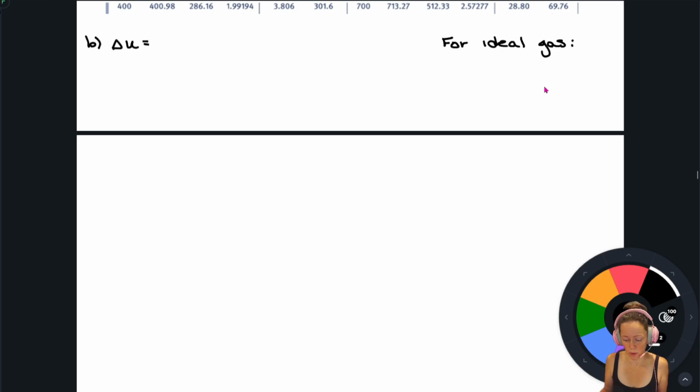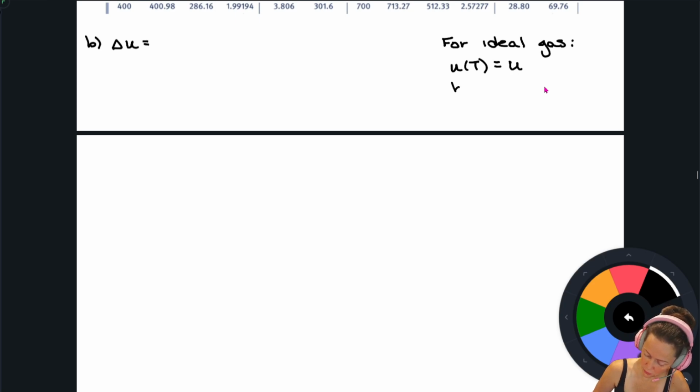The ideal gas law is one of them. But remember when we used our tables for water, we knew we needed two independent intensive properties to be able to look properties up. Well, for an ideal gas, that's not the case. You really just need one. So if you know temperature, that's enough. If you know enthalpy, that's enough.